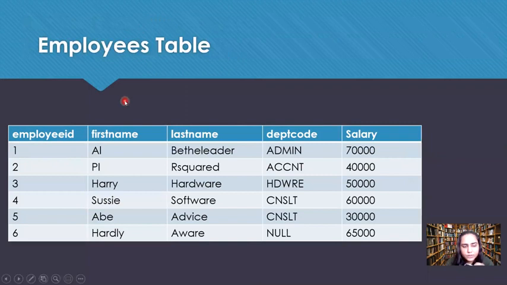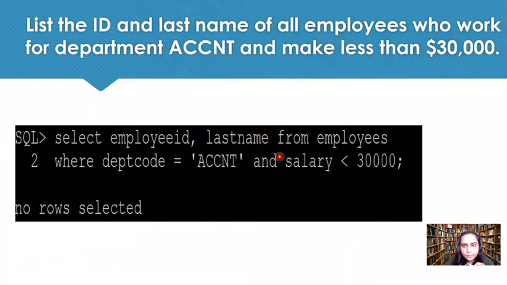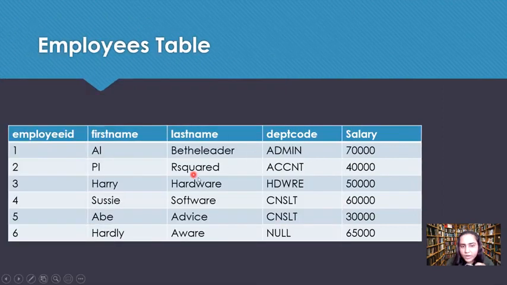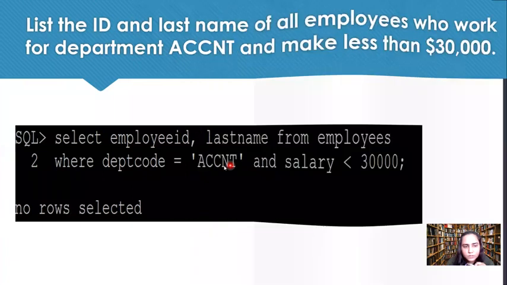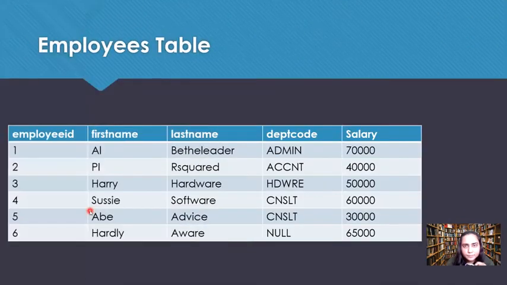So this is the employees table, and you can see the condition was that the dept code should be ACCNT, and there's only one such person, pi r squared, and the salary should be less than 30,000 as mentioned here. But you can see that pi r squared does not earn a salary less than 30,000, which is why he was not selected, and that's why we did not get any result in this query.